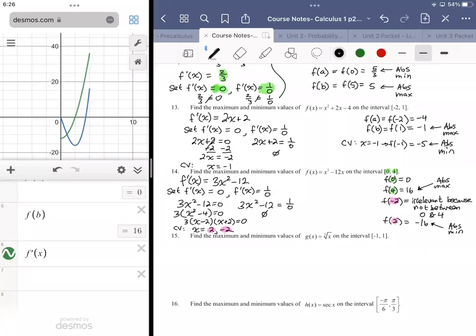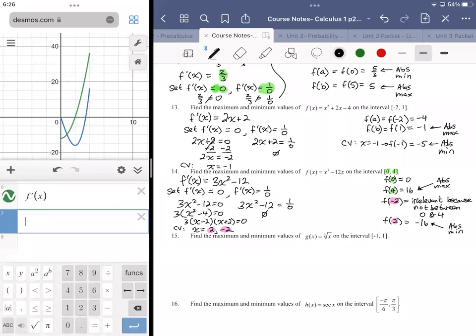But what you can do is you can create a new slider. The issue with this is it may give you a value that is only an approximation of what the critical value is, but it may get you going in the right direction.